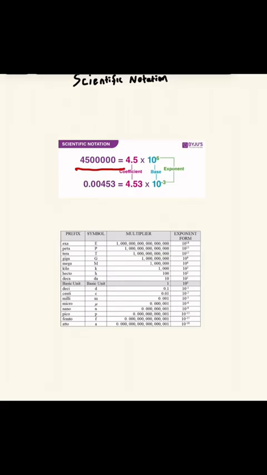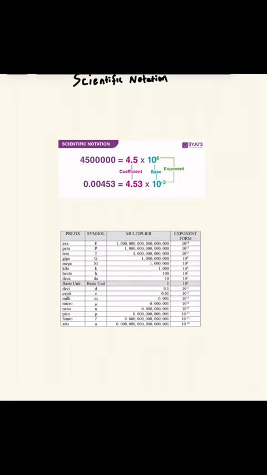Instead, we can do 4.5 times 10 to the 6, and it essentially means exactly the same thing. So both are the same number, but when we're dealing with really big numbers, usually a lot bigger than 4.5 million, then you can express it with that power of 10. So it could be 10 to the 12 or something like that.